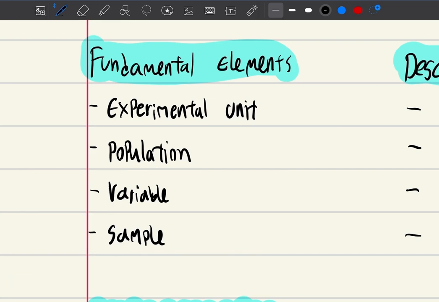Experimental unit is the object upon which we collect data. The population is the set of units we are interested in studying. The variable is a characteristic and the sample is a subset of the population. I'm gonna write it down.